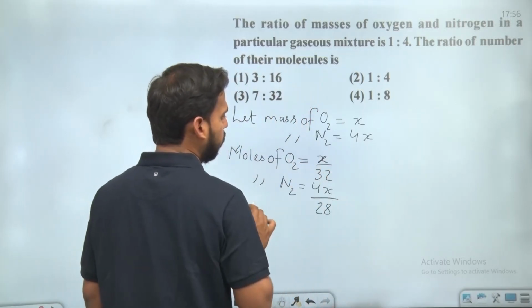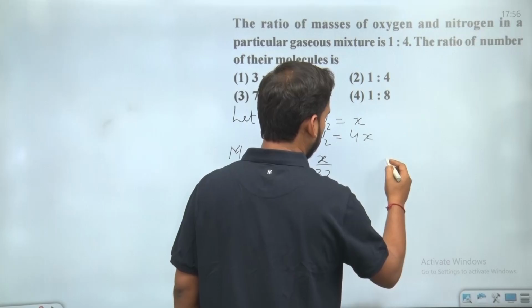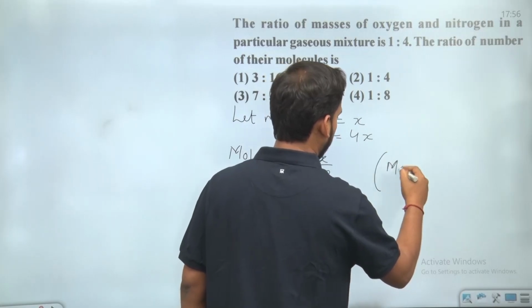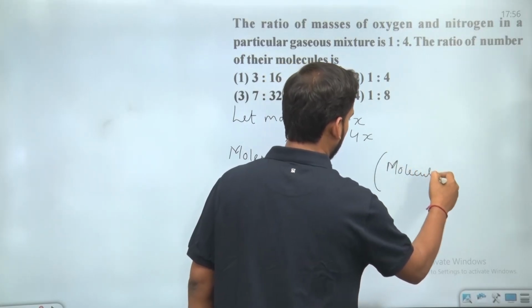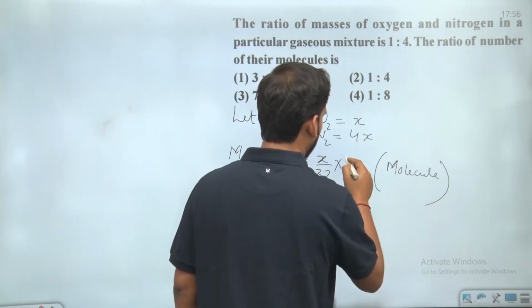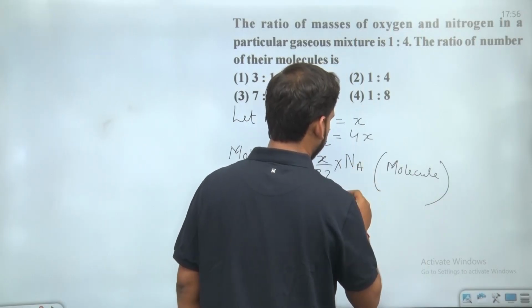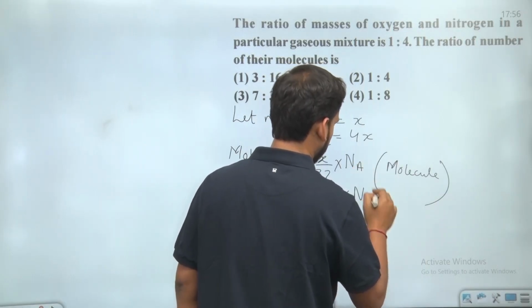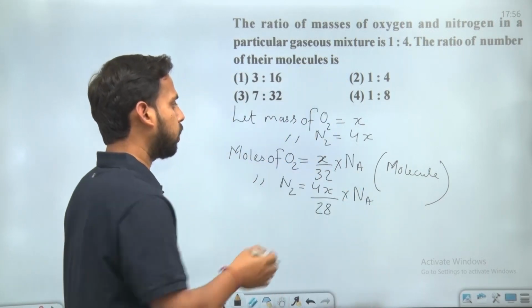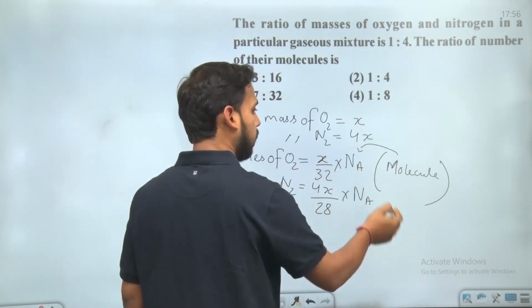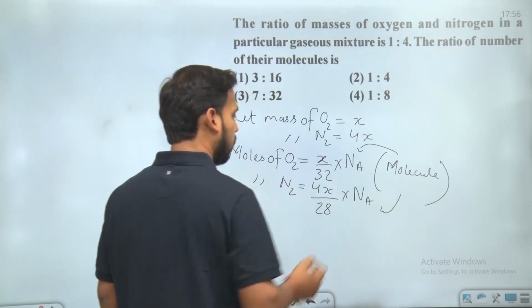For the molecule calculation, we will multiply by the Avogadro number Na.